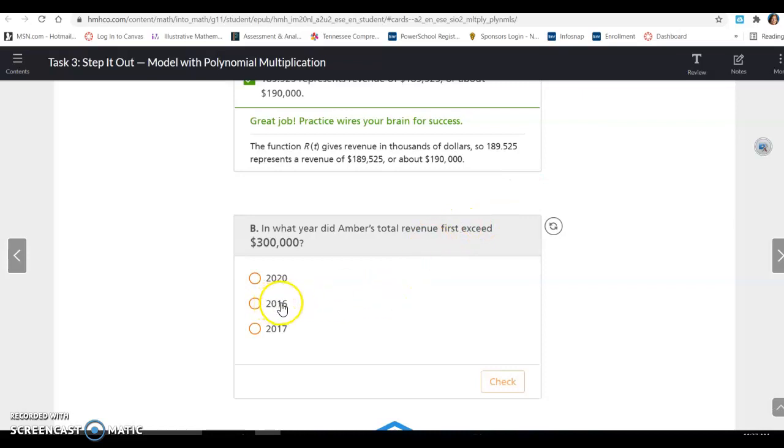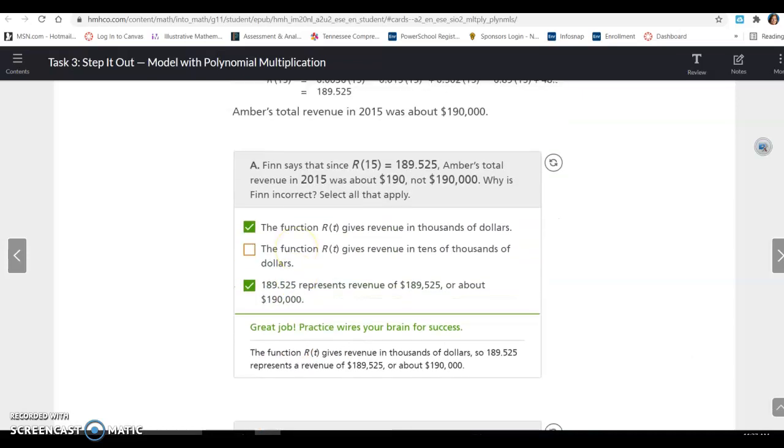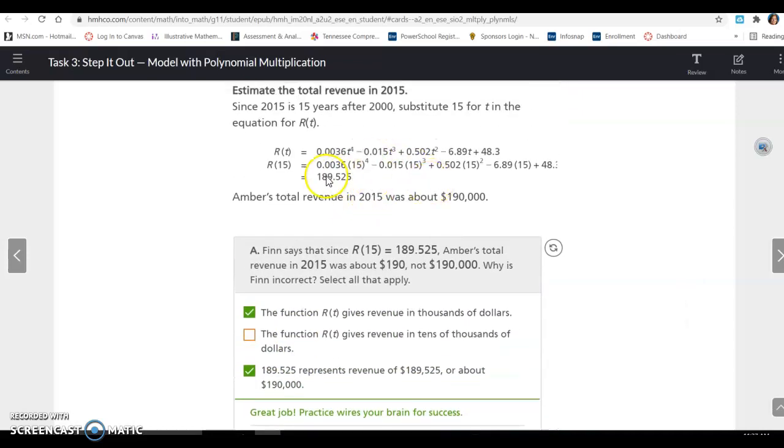Here we're going to use 16 and here we're going to use 17 to find those numbers. So when you plug those numbers in, when you get the number 300 here, or slightly above 300, because it says to exceed 300,000, we know that 300 point something is going to be represented in thousands of dollars.